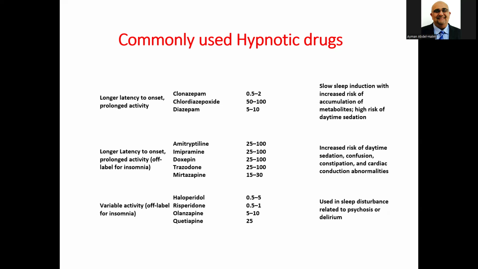The commonest one we use in pain management, as an off-label drug for insomnia, is trazodone, and the commonest one we use in palliative setting is mirtazapine. But you can still use small dose olanzapine or quetiapine to help with your sleep, especially if you have agitation.